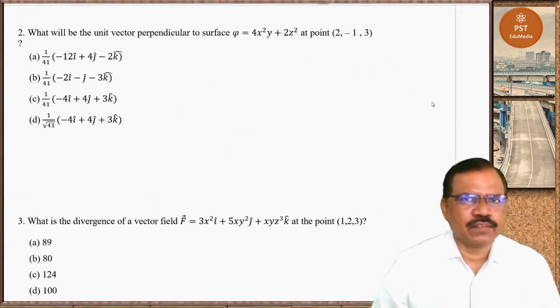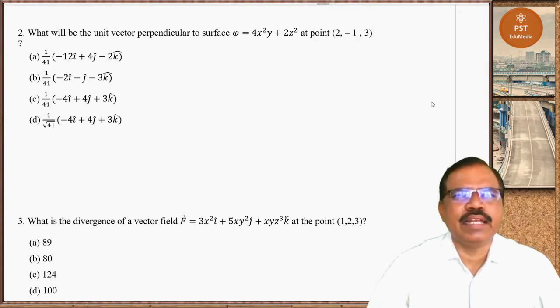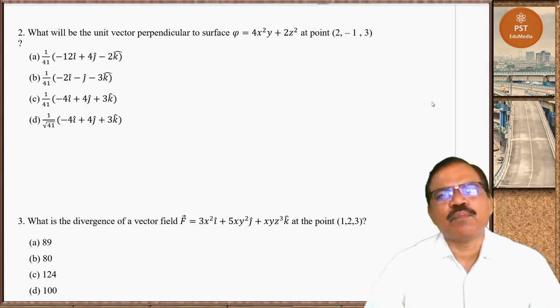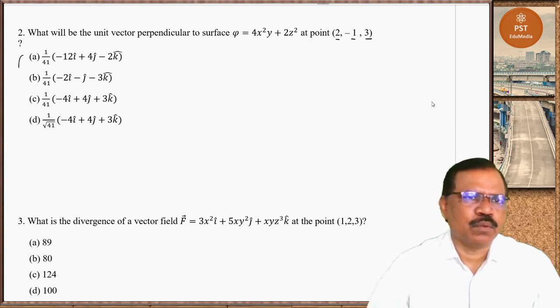Now the next one: what will be the unit vector perpendicular to the surface phi equal to 4x square y plus 2z square at the point 2, minus 1, 3? These are the four alternatives.